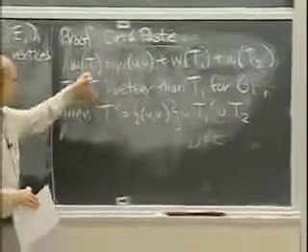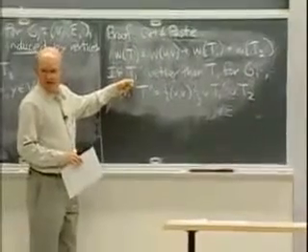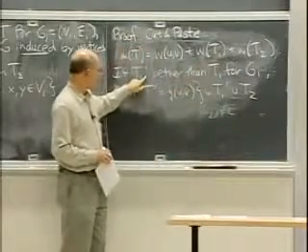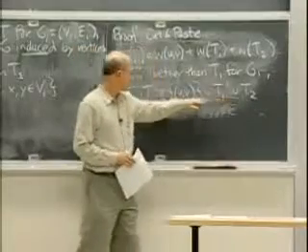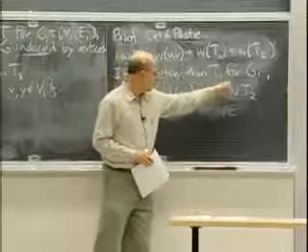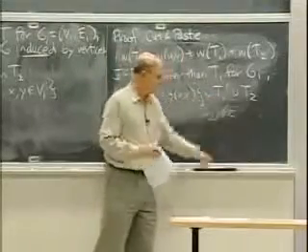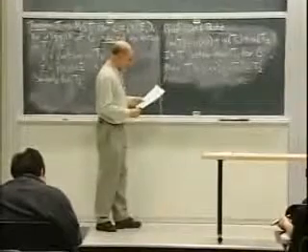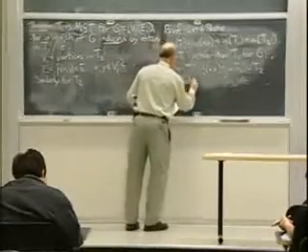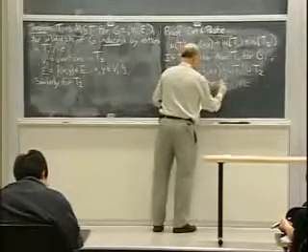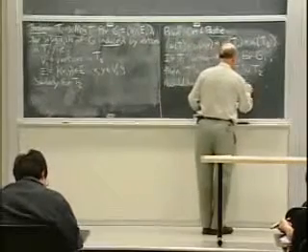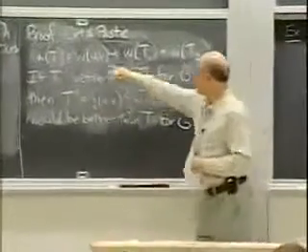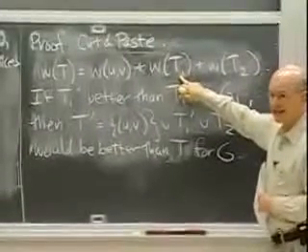So if I had a spanning tree of lower weight for T1, and I call that T1 prime, I just substitute that and make up a spanning tree that consisted of my edge UV, whatever worked well for T1 prime, and whatever worked well for T2, and that would be a spanning tree, and it would be better than T itself was for G. Because the weights are just as before, except I now get to use the weight of T1 prime, and that's less.